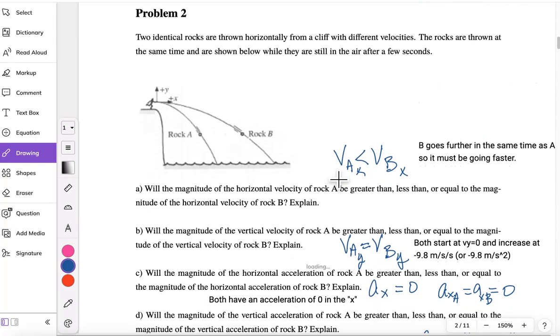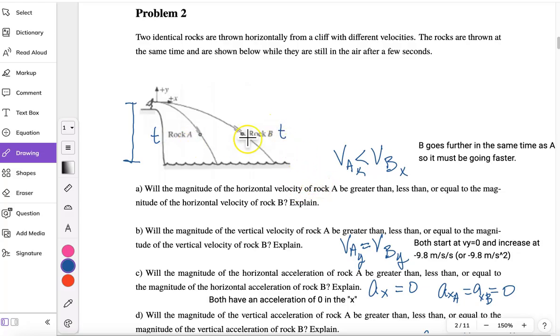If we go to number 2, we have a couple of different rocks and they're thrown. When they're thrown, remember the time that it takes to fall is dependent on how tall this cliff is. And because the cliff is the same height, they both take the same time to fall, and we can just call that t.